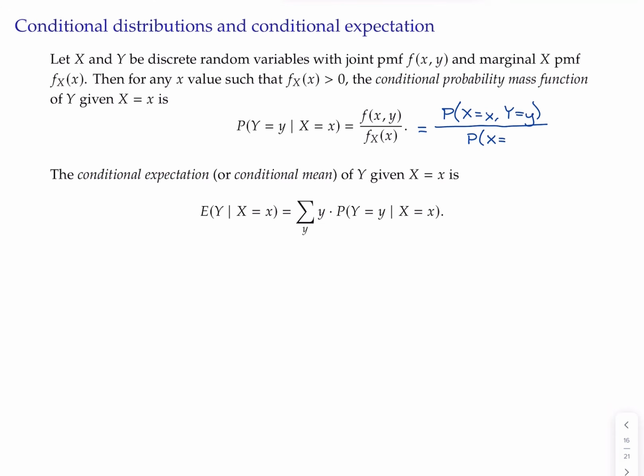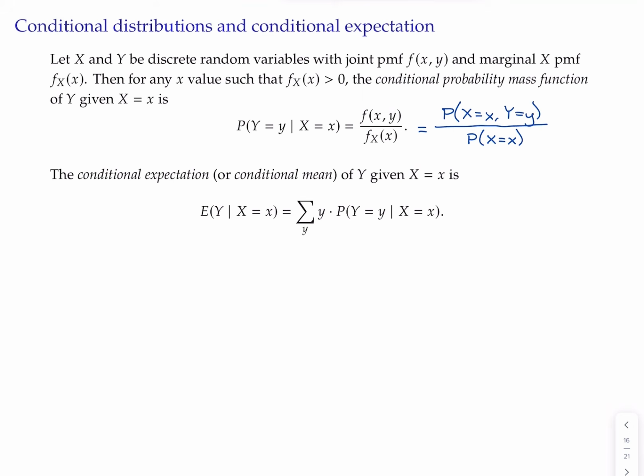Well, it's the probability x is equal to whatever value we're interested in, 2 in our running example for this slide. So what I've done here is just translate those little f notation for PMFs into the underlying probabilities. And then if you think of this as event B and this as event A, you'll see it's the probability of A intersect B divided by the probability of event A. So it's just conditional probability.